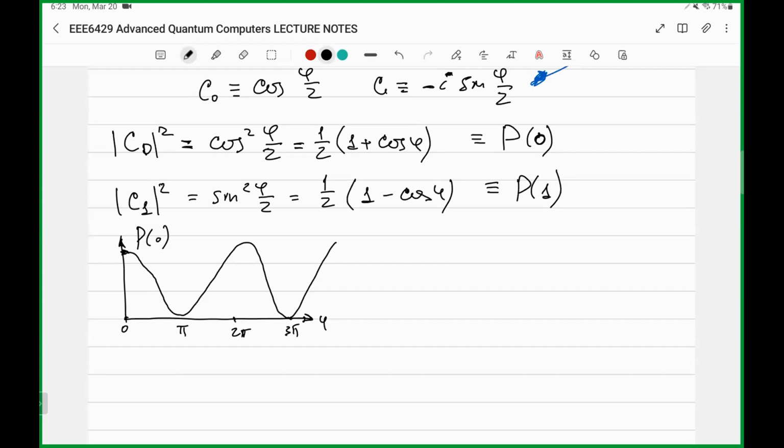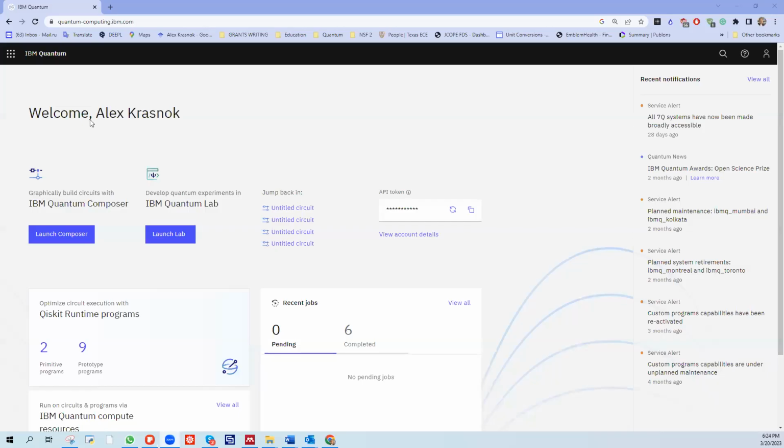Okay. So now I guess it's instructive to go ahead and open the IBM Quantum Qiskit, right? Do you see my screen with the IBM Quantum? Yes. Okay.